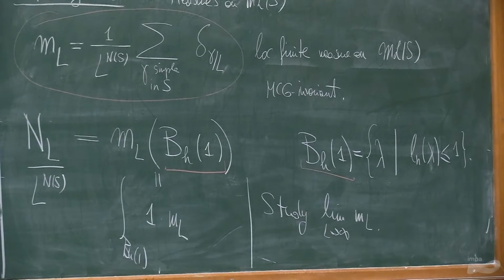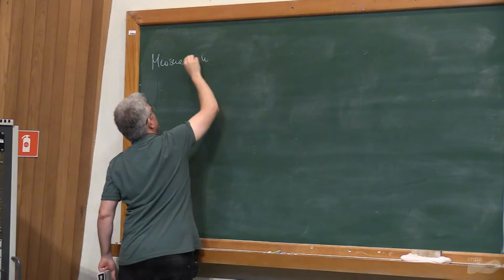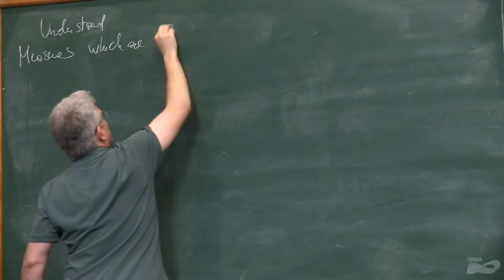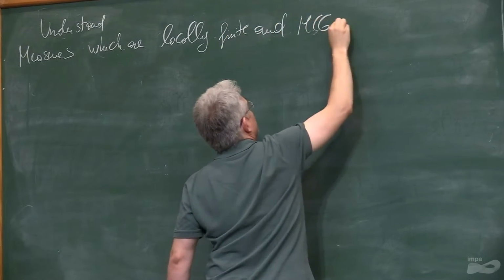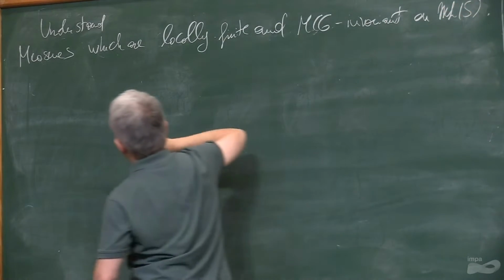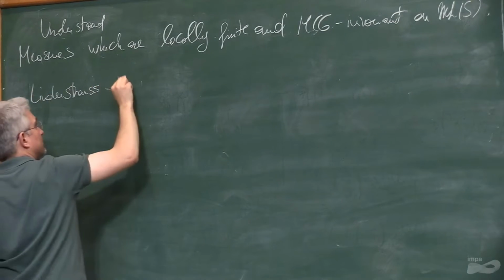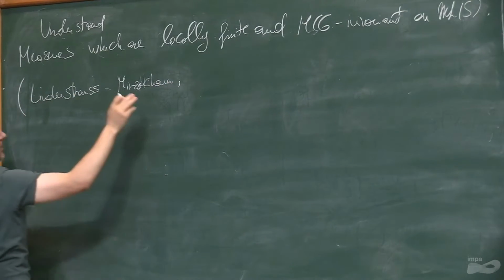So basically, what you want to understand is measures which are locally finite and mapping class group invariant on ML of S. And this is exactly what Lindenstrauss and Mirzakhani did, and also Hamenstädt with a minor difference.